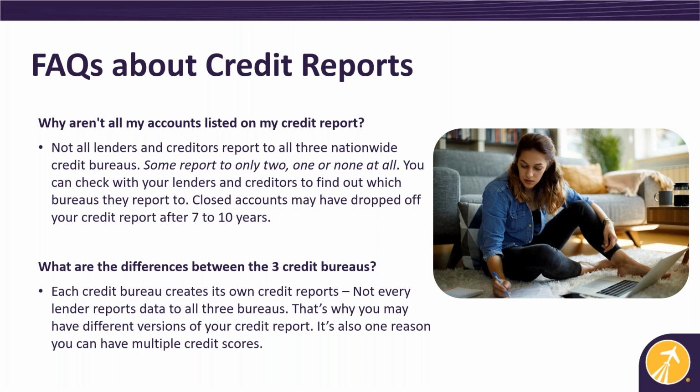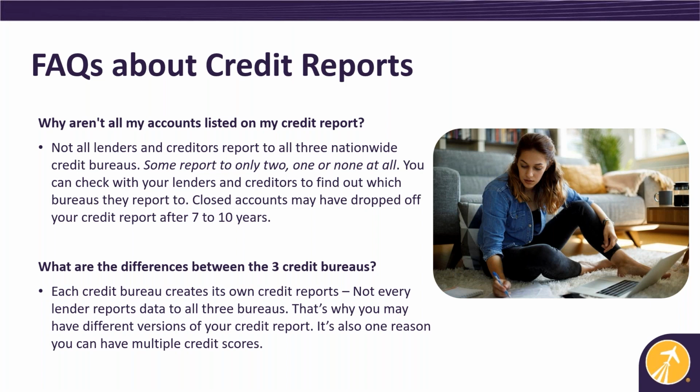Some are going to report to only one or none at all. Usually we're going to report to one, and it's not consistent. You may report to Equifax or TransUnion, or vice versa. It just depends on who that lender is, who that creditor is, and what their reporting standards are.